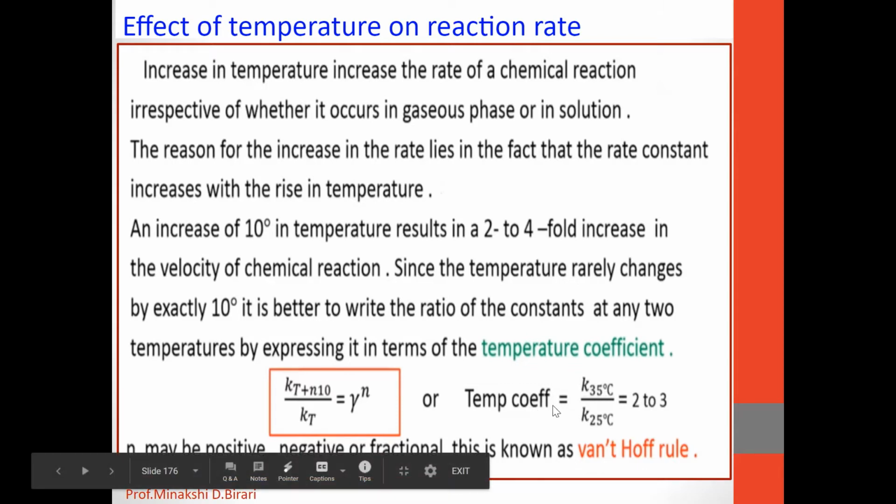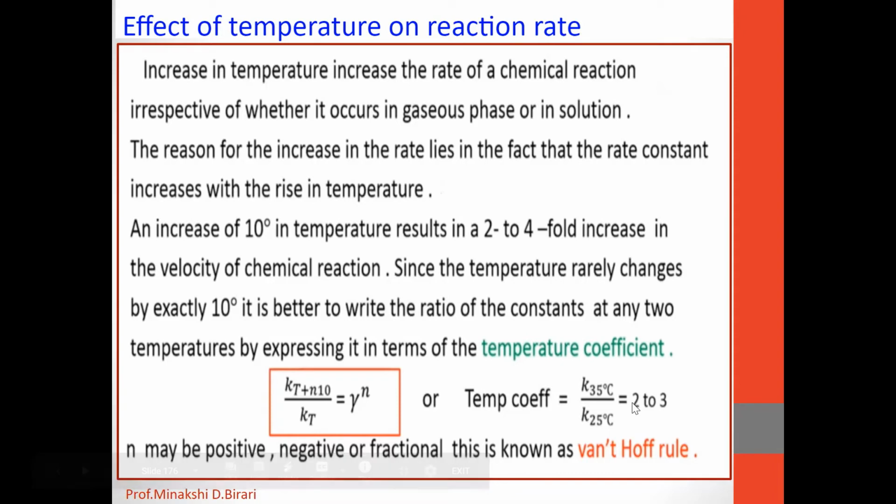So, temperature coefficient is K at 35 degrees Celsius, the rate constant at 35 degrees Celsius, divided by the rate constant at 25 degrees Celsius. It is generally equal to 2 to 3.